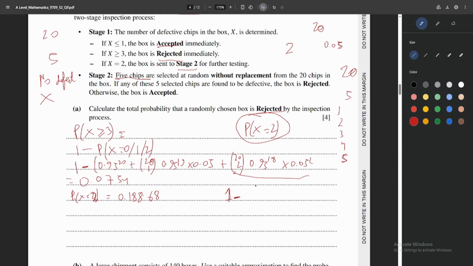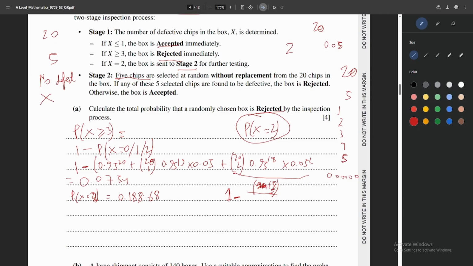So how do we do that? We have exactly 2 defective microchips, and we want the probability of choosing all 5 non-defective microchips. Why is it like this? Because we have 20 microchips, and from there we are choosing 5 of them, and we know that there are 2 defective microchips.